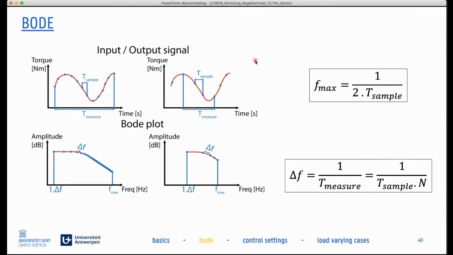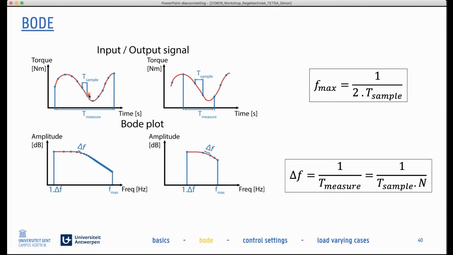I said to you, you do not need background in signal processing or in Fourier analysis. That was a little bit exaggerated. There are only two things you need to consider if you do these Bode plot experiments, and that's the maximum frequency and the frequency resolution. If we do an experiment, we will define the measurement time, or the time during which we run our experiment.